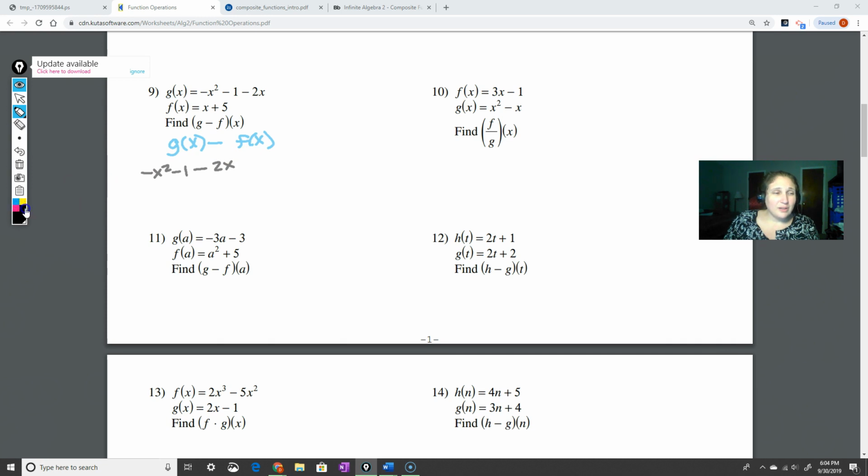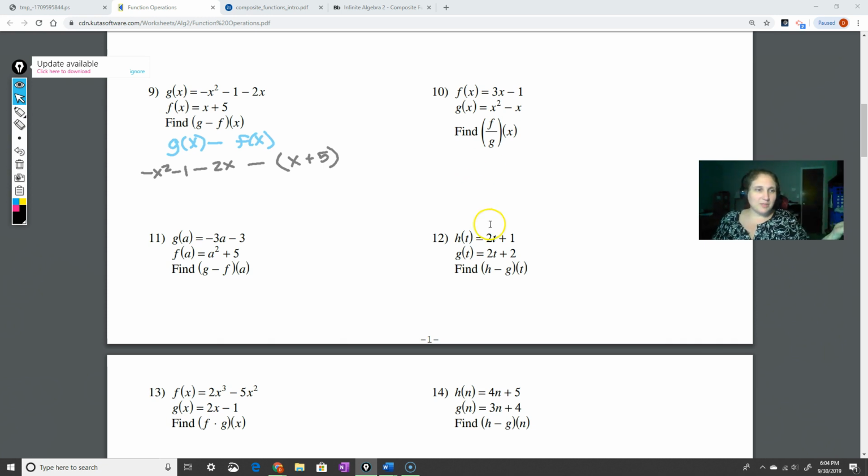Here's the only little trick I'd give you when you do subtraction. When we subtract f of x, just make sure you put that whole f of x function in parentheses. The reason that's important is when we subtract, we're going to have to subtract each piece. We're going to have to distribute that negative.